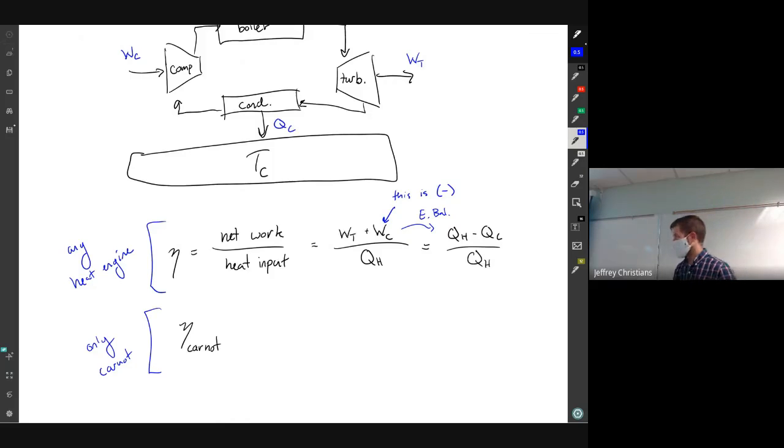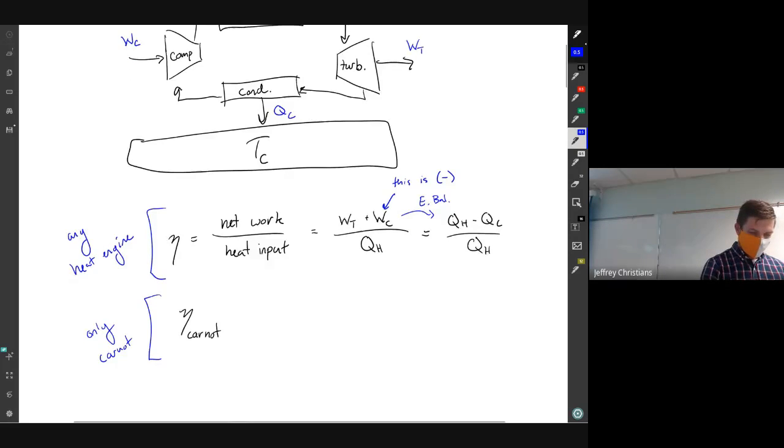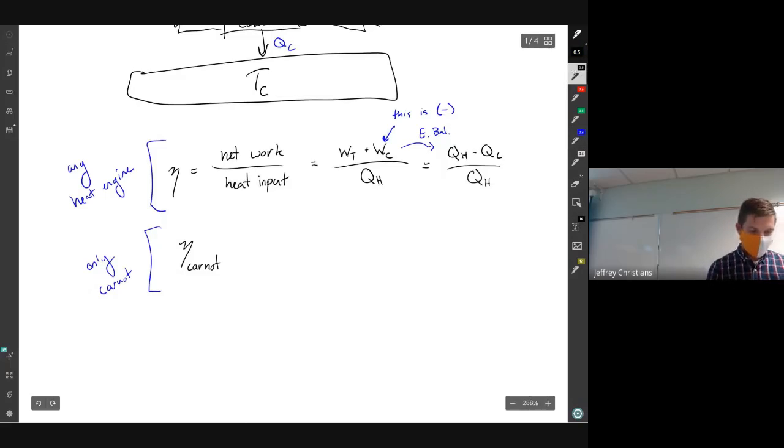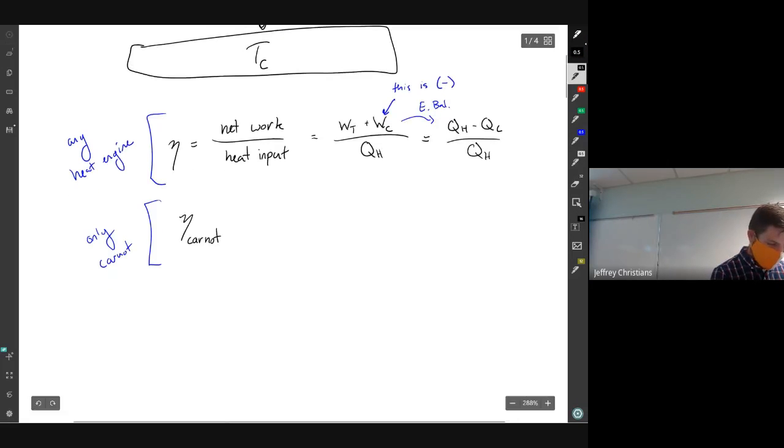This is for only Carnot. Because Carnot is a little bit special, we can write that Q equals T delta S for Carnot.